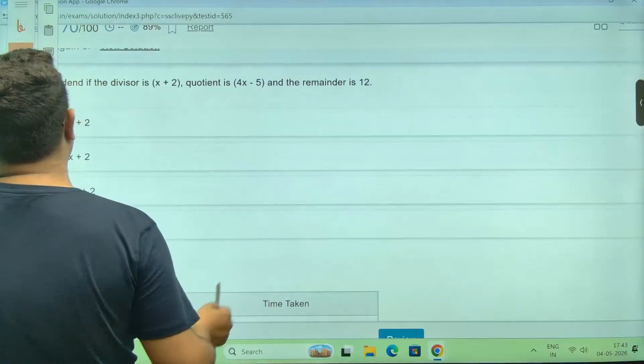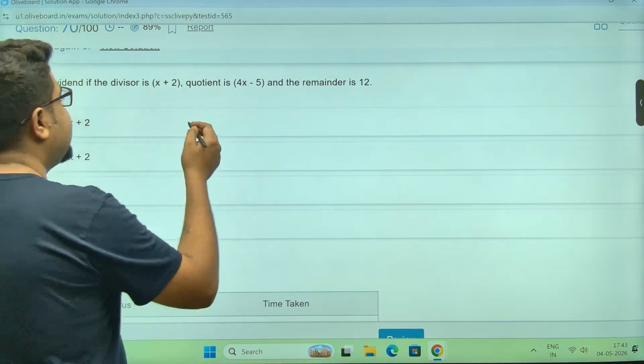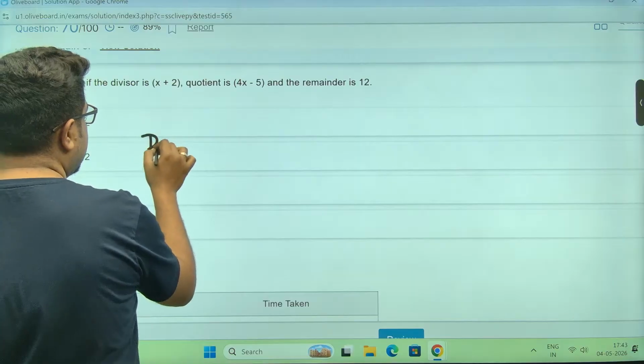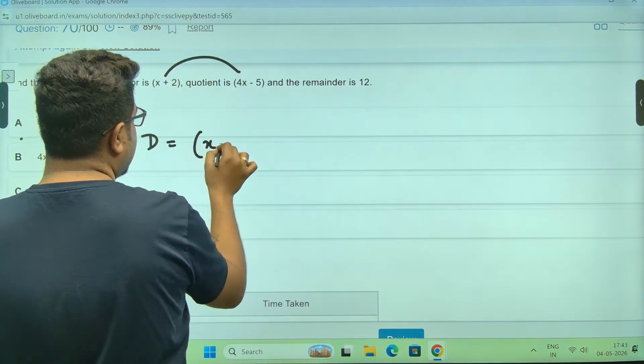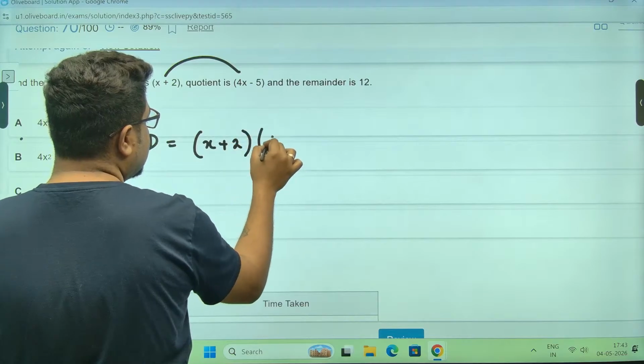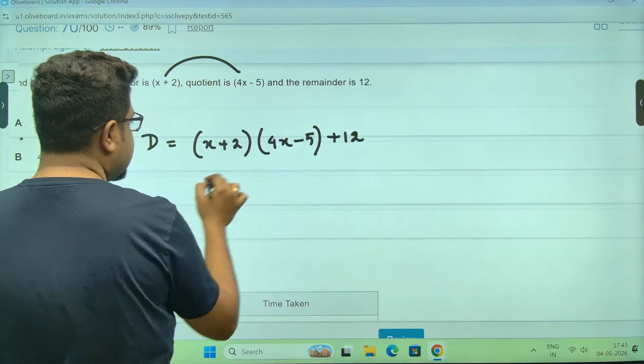Sir, again, this one. Find the dividend. Dividend is equal to divisor into quotient plus remainder. So (x plus 2) into (4x minus 5) plus remainder, meaning this.